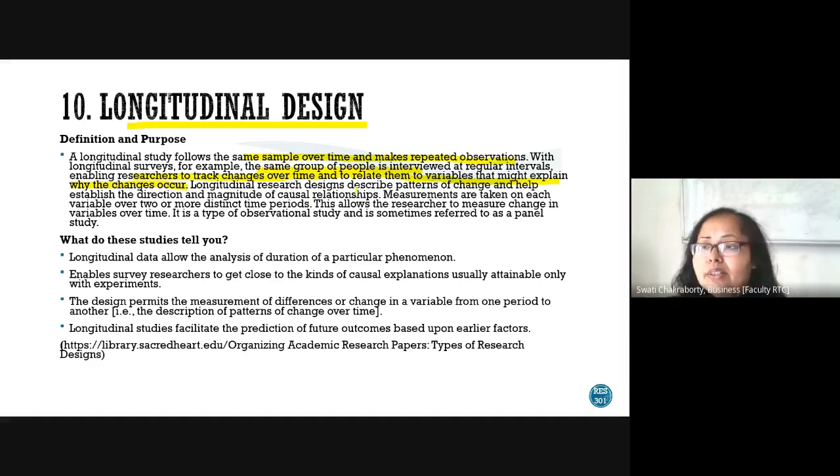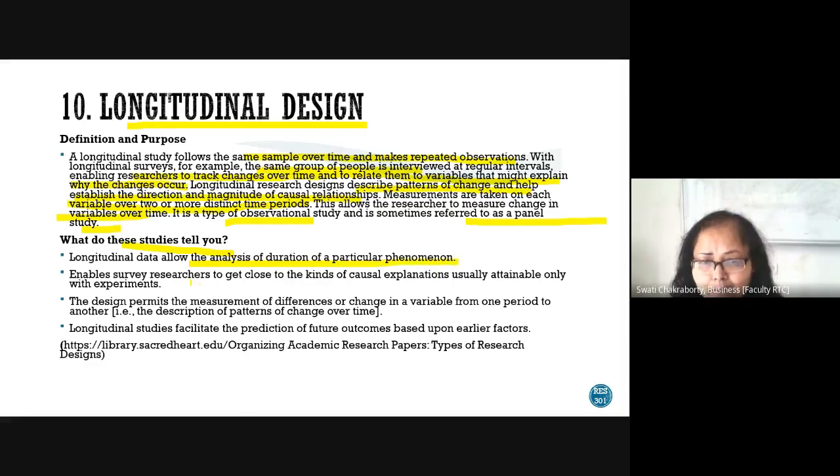So it helps to describe a pattern of change and help establish the direction and magnitude of causal relationships. And these measurements are taken on each variable over two or more distinct time periods, which allows us as a researcher to measure the change in variables over time, right? And it's a type of observational study. And sometimes it's also referred to as a panel study. What these studies tell us is that it allows us to analyze the duration of a particular phenomenon.